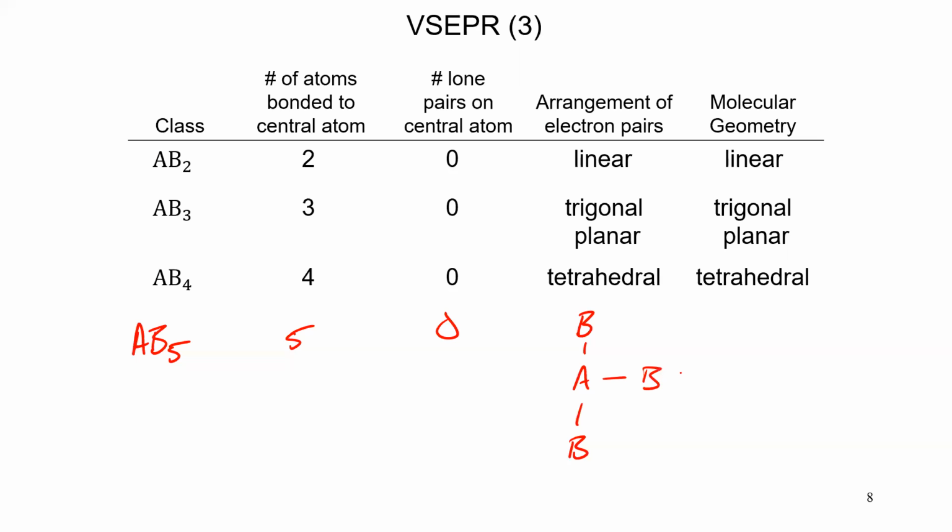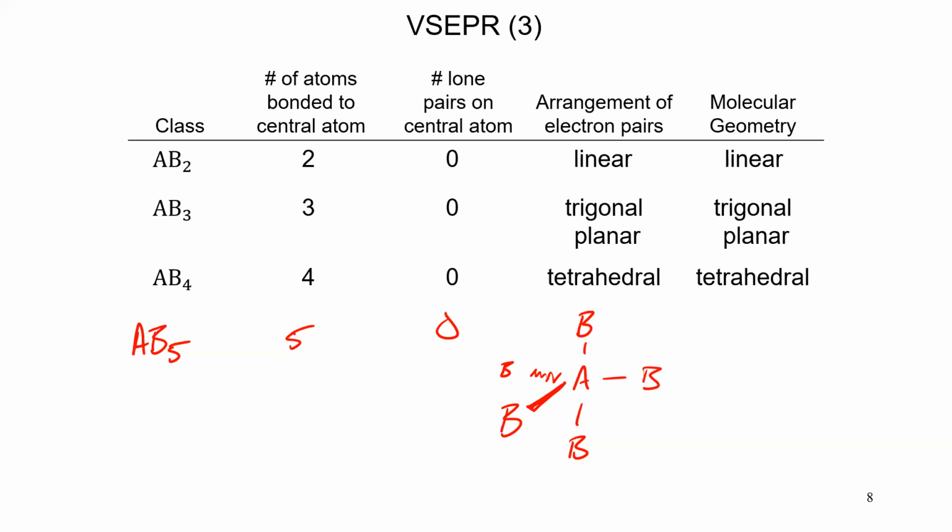And again, we're going to have to use our wedges and dashes because we have this sort of ring of 3. If one of them is in plane with our central atom, one of them's coming forward and one of them's going backwards. And so we have a B coming out, and we have a B going back. Maybe I should try real hard to draw this one real big and that one kind of small.